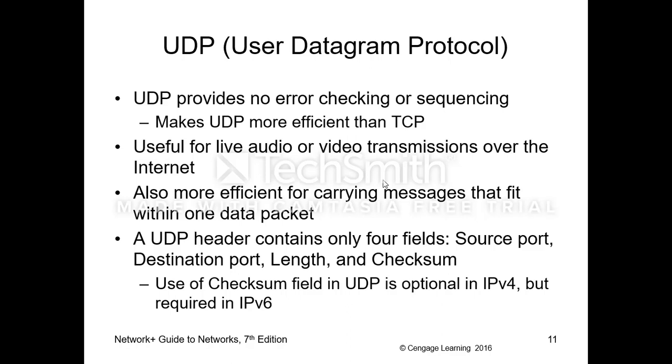YouTube wouldn't be as exciting or worthwhile to watch if it was always stopping and buffering. So as the screen states, UDP is more useful for live video streaming and live audio, because we don't want to be buffering, and we want to make sure that all of our packets get to their destination at the same time.